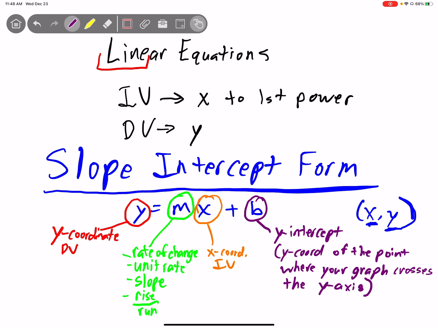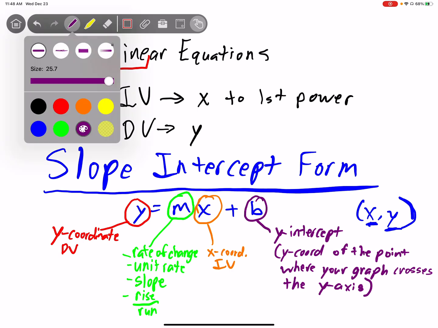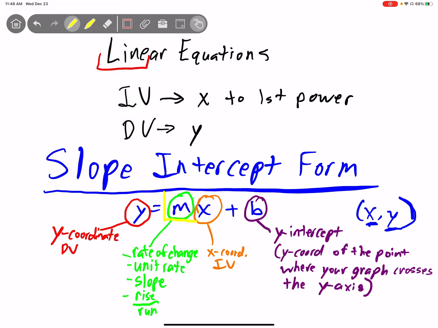So again, y equals mx plus b. Your x's and y's, they're all going to be representing the different coordinates that are on the line that this equation gives you. We don't usually put in values of x and y, we just leave them as x and y in the general form of the equation. The only things that we're actually going to give value to when we solve for linear equations are m and b.